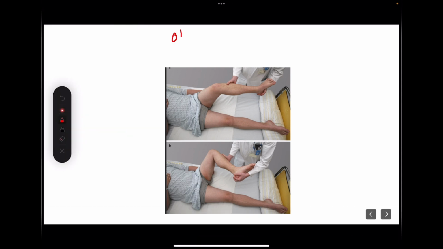This is the obligatory external rotation that is found in these children. Whenever you try to flex the hip on the affected side, usually you are able to bring the knee of the affected side to the contralateral shoulder. But in these children, you are not able to do so, because while bringing this knee to the contralateral shoulder, you are internally rotating the hip.